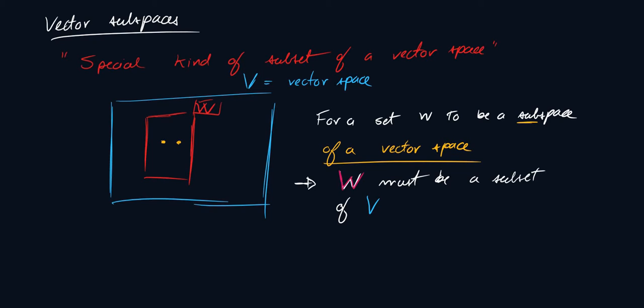Say you take two vectors U and V of the set W, and also of the set V, because W is a subset of V. For W to be a subspace, the first condition is that you need to have a zero vector.